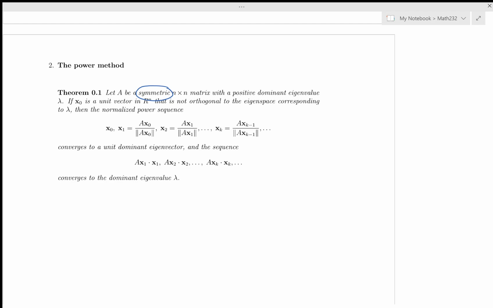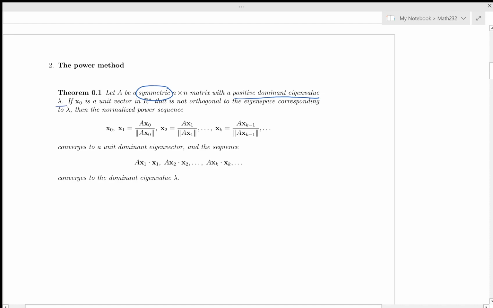Symmetric matrices have n distinct eigenvalues. So there's a good reason why this is here, and also it's not as much of a restriction as you might think, because these symmetric matrices actually come up in the type of applications that we're trying to solve. So we've got a symmetric matrix, and it's got a positive dominant eigenvalue.